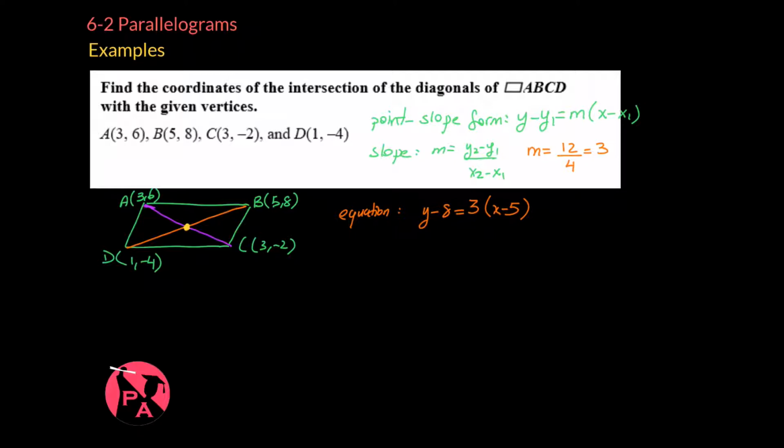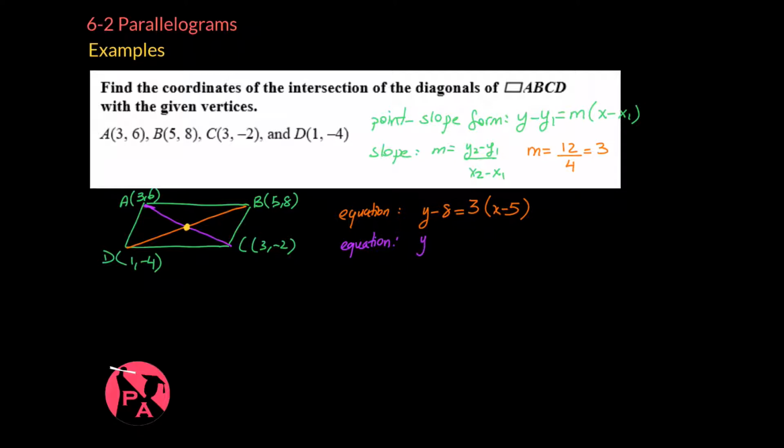Now let's move on to the purple line. Again, I'm going to do the same thing. I'm going to use 3 and 6 for x1 and y1. Let's write the equation. We cannot write the equation of this purple segment using point slope form, but I want to try and then explain why we cannot write it.